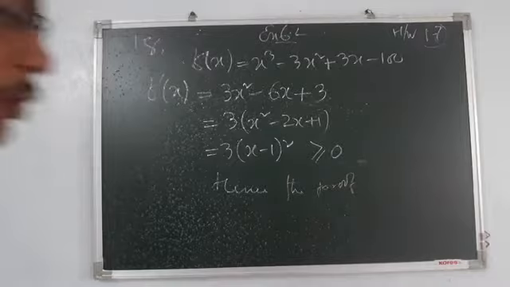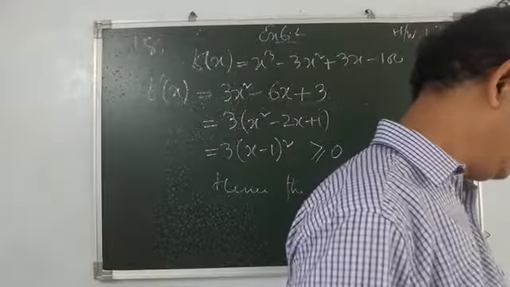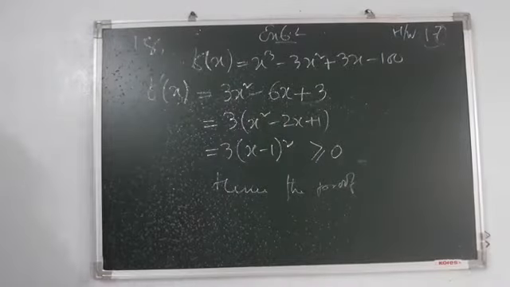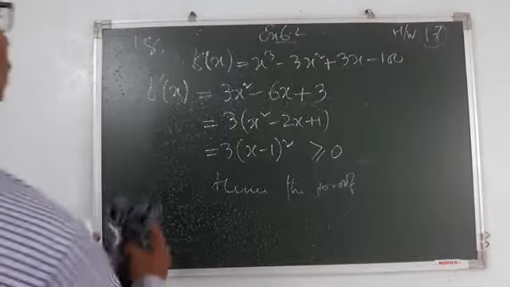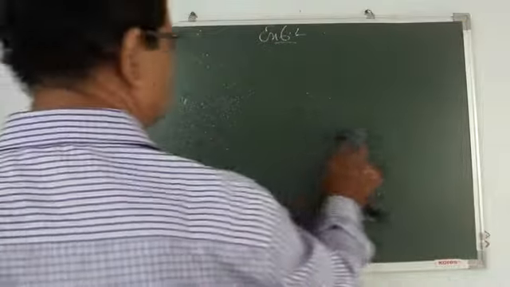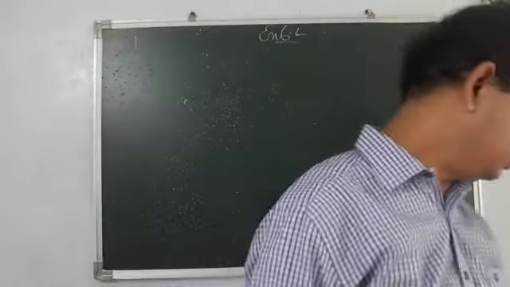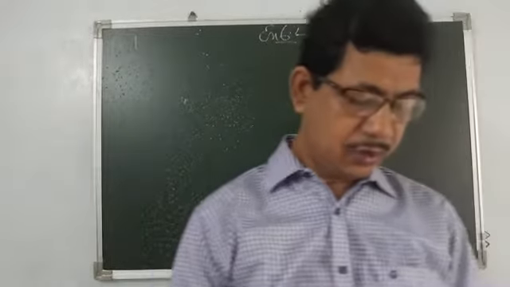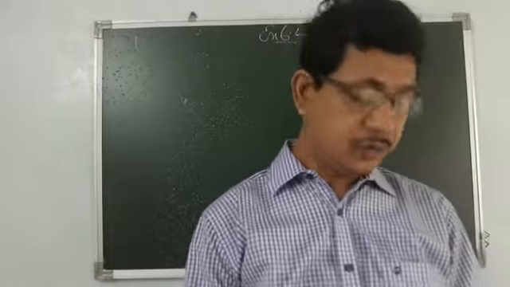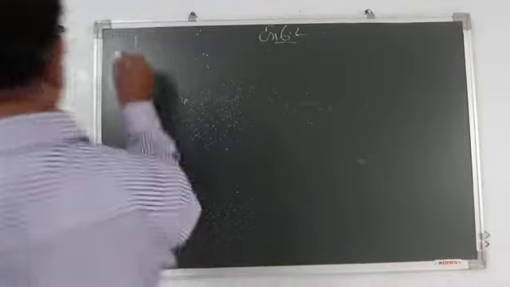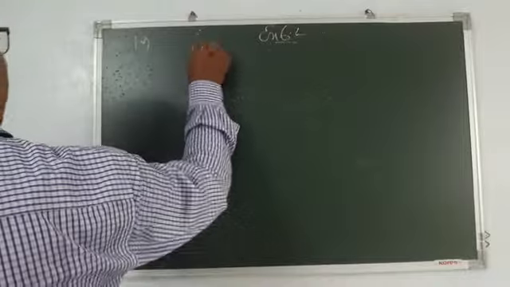Right. Now we will do question number 19. They say the function y = x square e to the power minus x is increasing with respect to x in which interval.